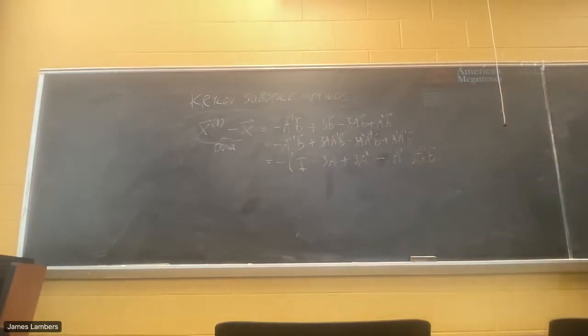Now that polynomial, identity minus 3A plus 3A squared minus A cubed, is identity minus A, whole cube.